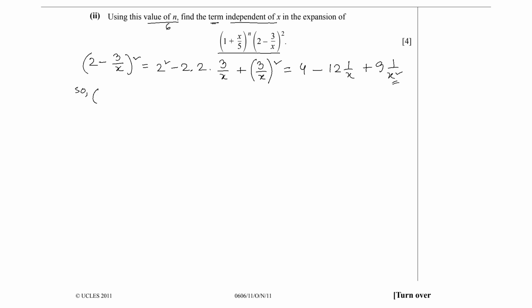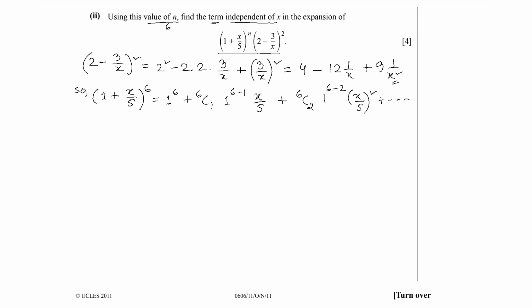So let's write. (1 plus x over 5) to the power 6 is equal to 1 to the power 6 plus 6C1 times 1 to the power 6 minus 1 times x over 5, then plus 6C2 times 1 to the power 6 minus 2 times (x over 5) whole squared, and we know we don't need any more terms.